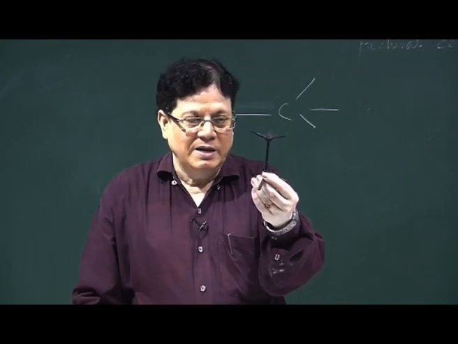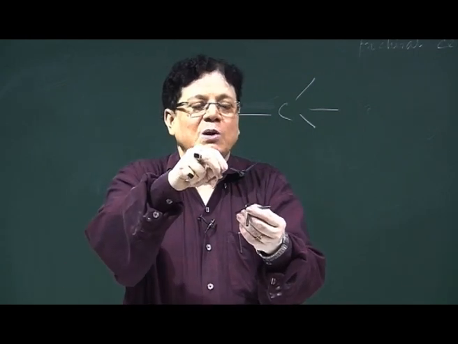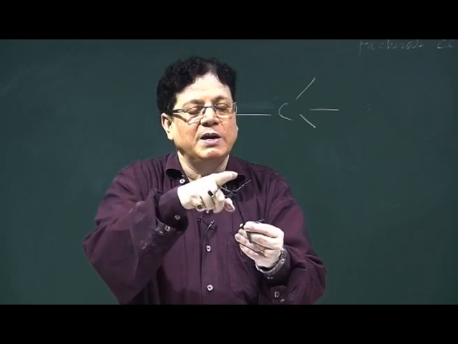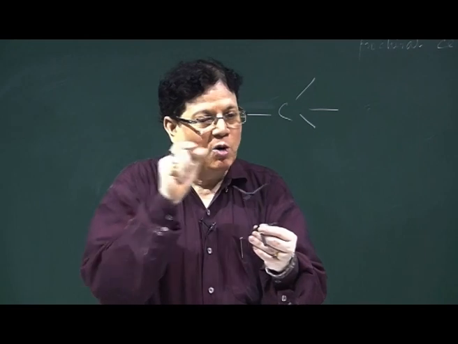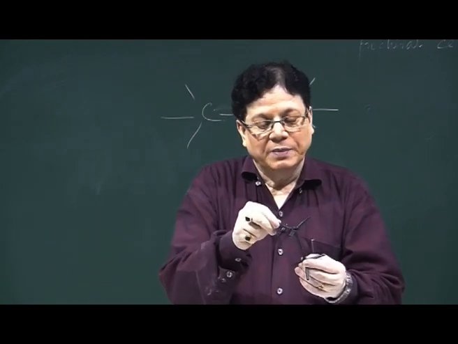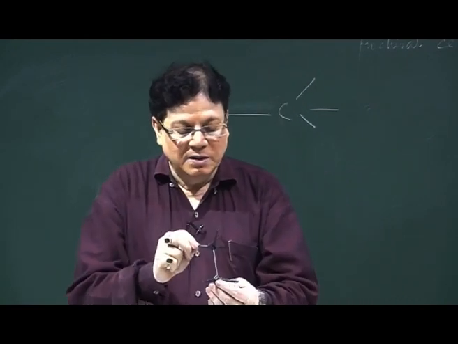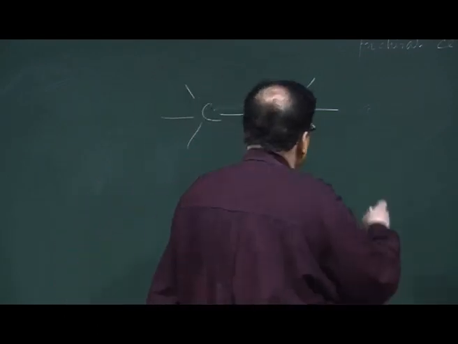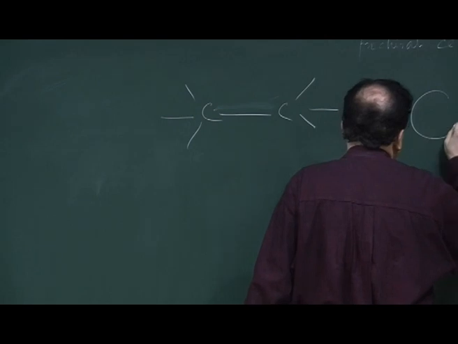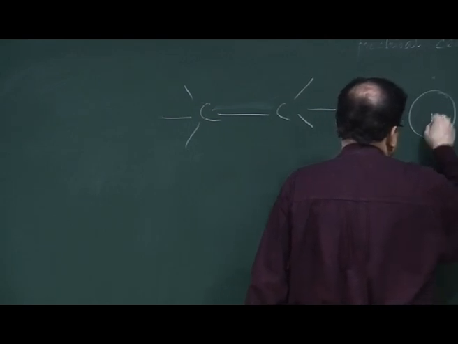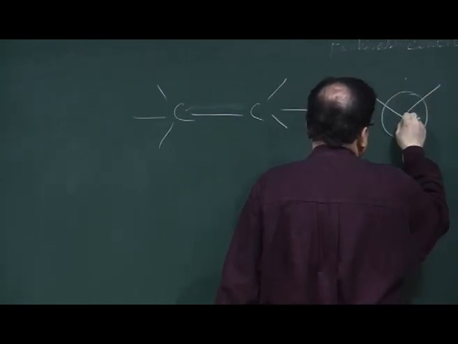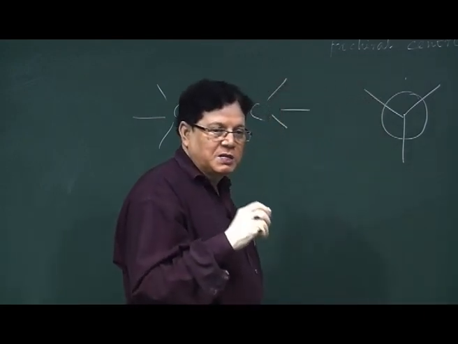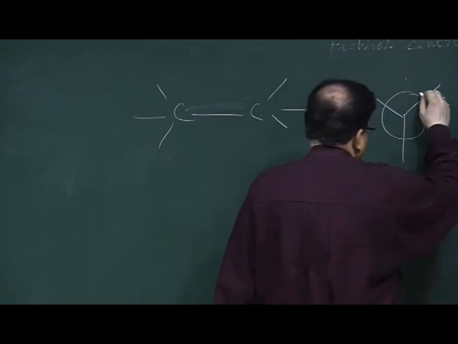So, suppose this is ethane, and as I said you have an infinite number of conformations possible depending on the dihedral angle between the adjacent bonds. But out of these, people have identified two extreme conformations. We are drawing the Newman projection formula because that is the best way to describe conformational analysis.